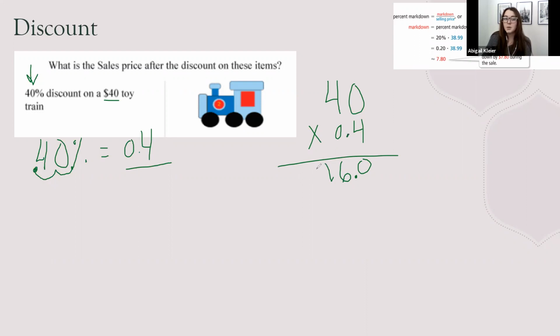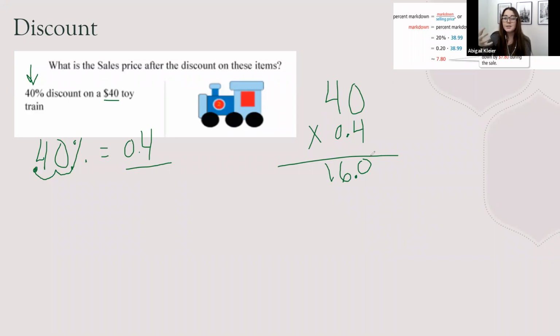Now, what does this number 16 represent? 16 in this problem represents the amount that is discounted off of the original price. So the toy was originally $40, and we are going to take $16 off of that price to find the total.